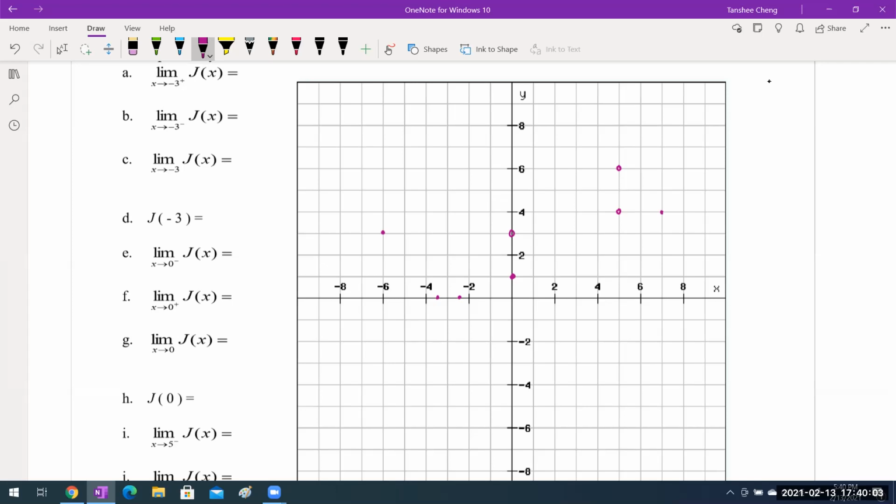After you put all of these points, then try to draw the graph the way like this. Make sure you draw this shape of the graph. Then we're going to try to answer the questions using this graph, which we will name this piecewise function J.